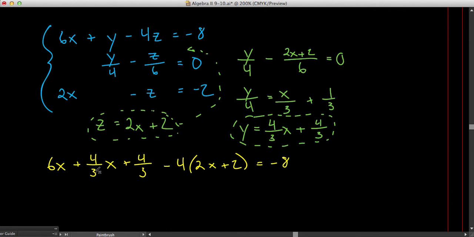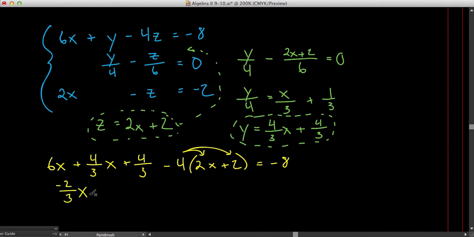So the 6x and the 4/3 x combine to make 7 and 1/3 x. And then the negative 4 needs to be distributed to both of the terms inside the parentheses. So that negative 4 times the 2x will leave me with a negative 8x. And that negative 8x and the 7 and 1/3 x will combine to make negative 2/3 x.